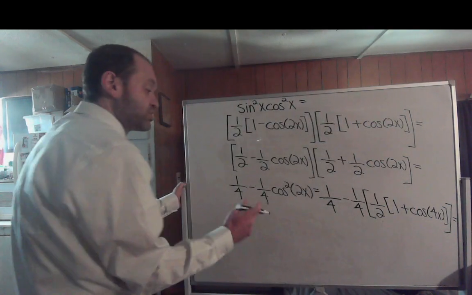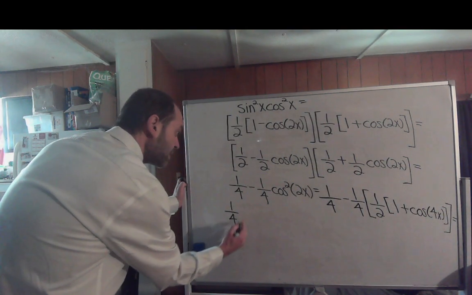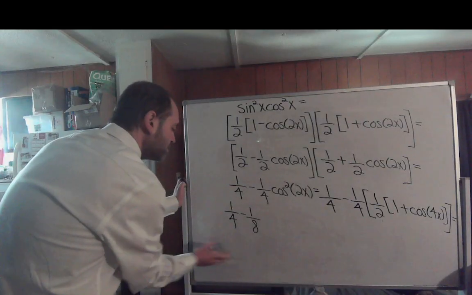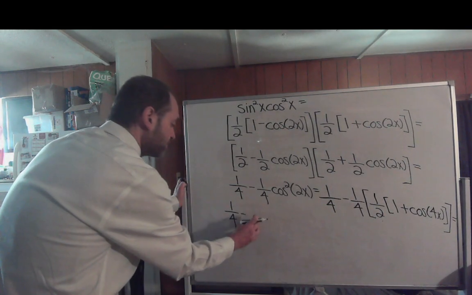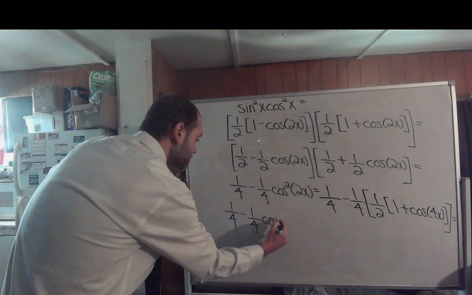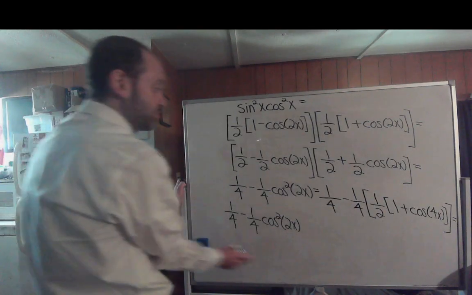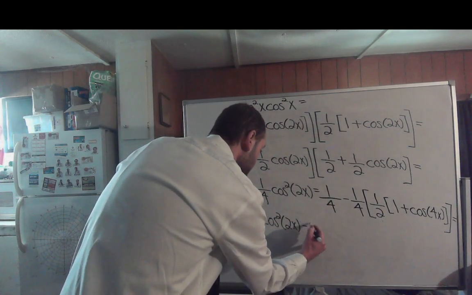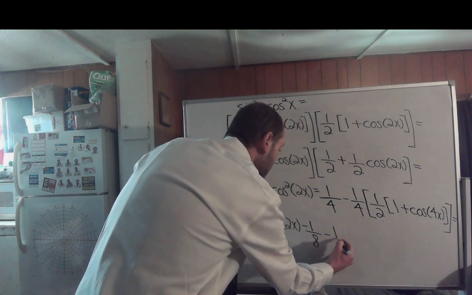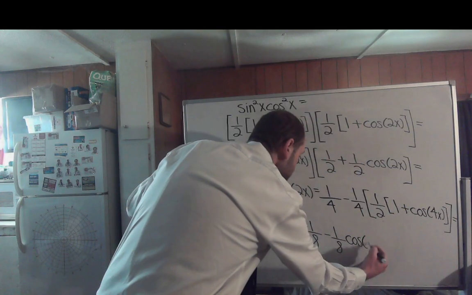Now we distribute that negative 1/4, so this would be minus 1/8 minus 1/8 of the cosine of 4x.